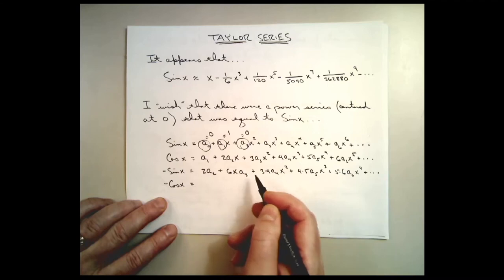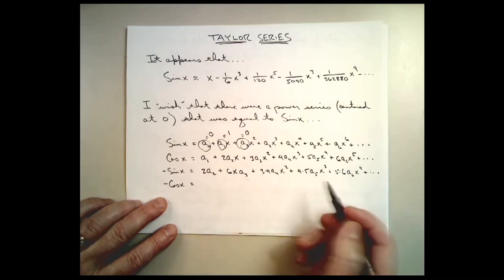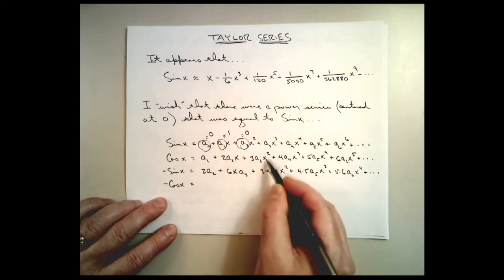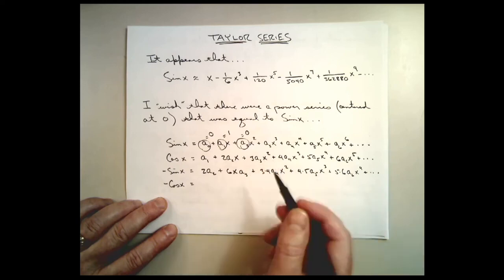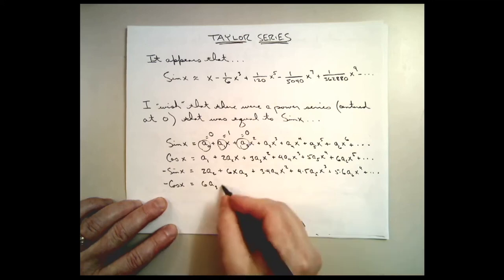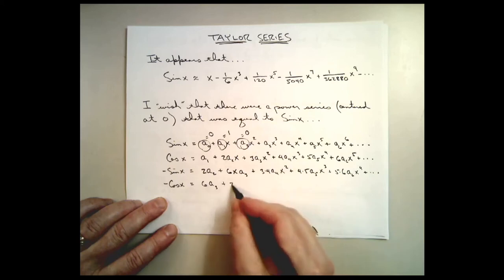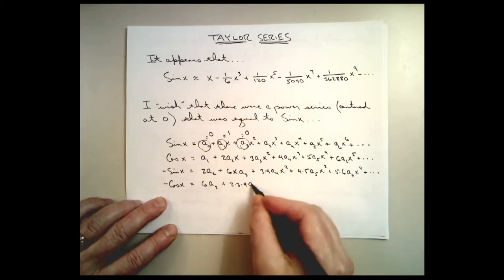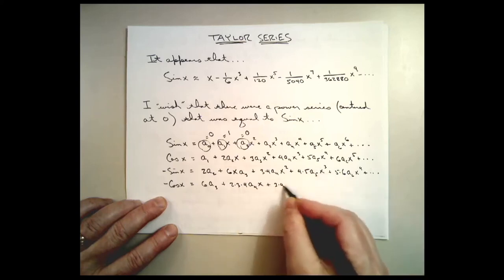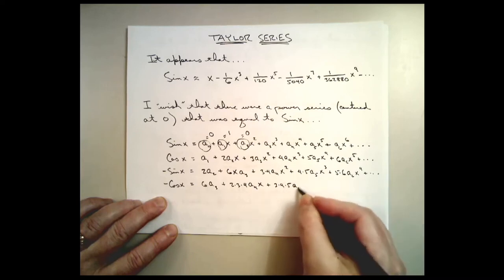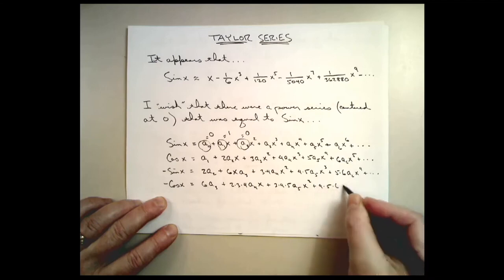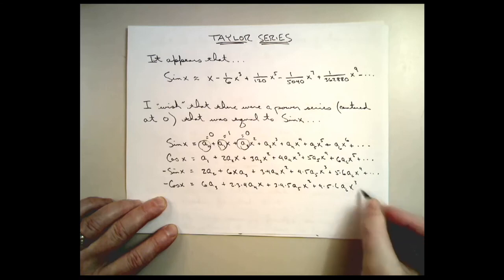Derivative of this is 6 times a3, and then 2 times 3 times 4, a4x, 3 times 4 times 5, a5x squared, 4 times 5 times 6, a6 x cubed, and so on.